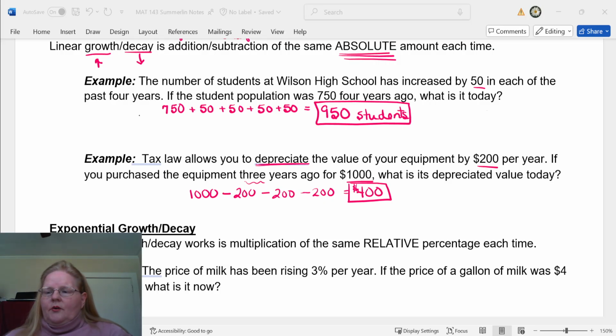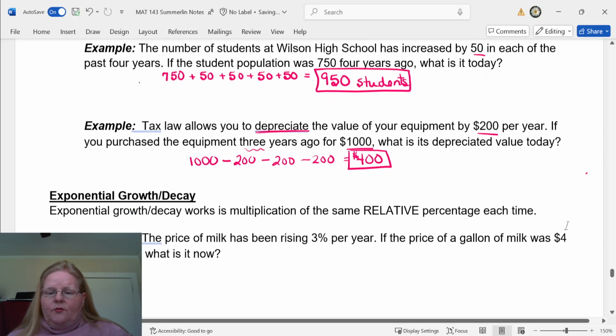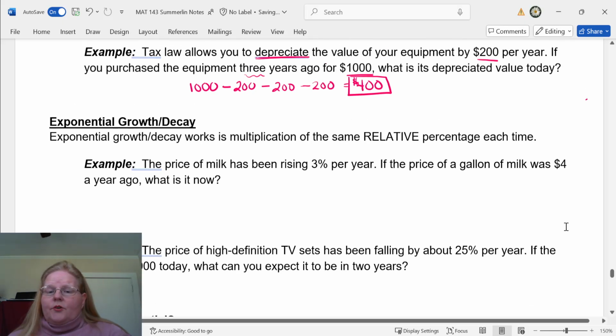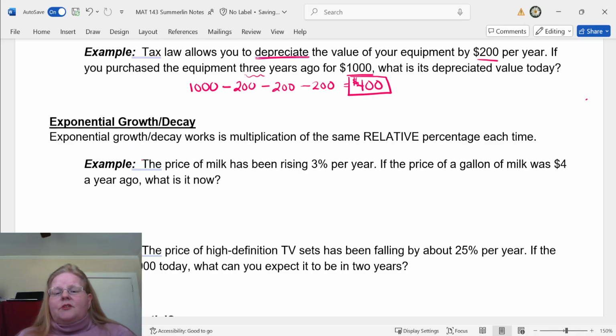So if we talk about exponential, it doesn't work the same. Exponential growth and decay, growth means it's going up, decay means it's going down, works by multiplication of the same relative percentage. It has to be a percentage. So if you don't see a percentage in the question, then that means it has to be linear.